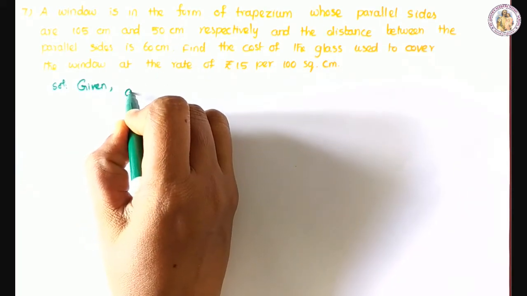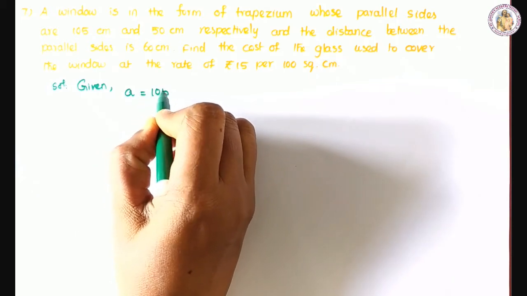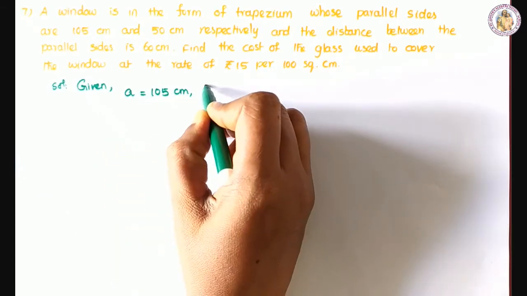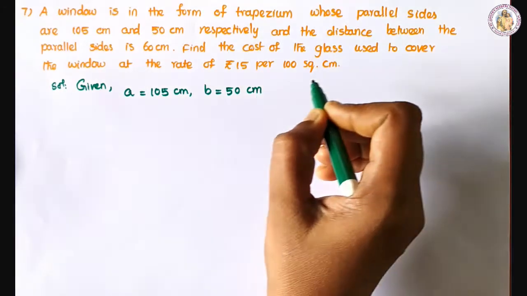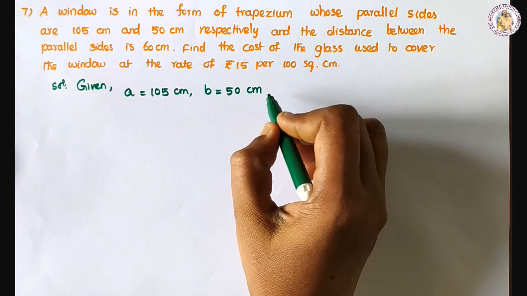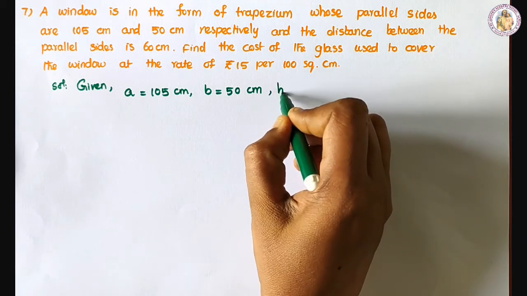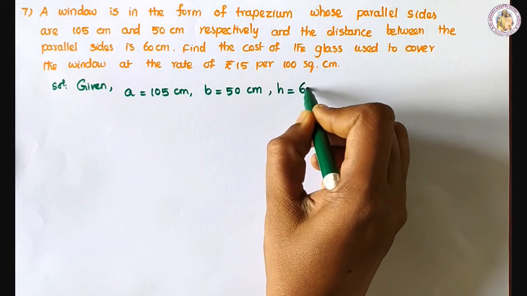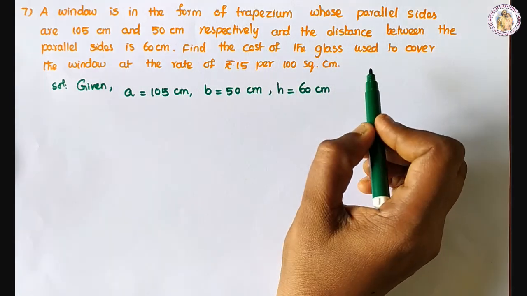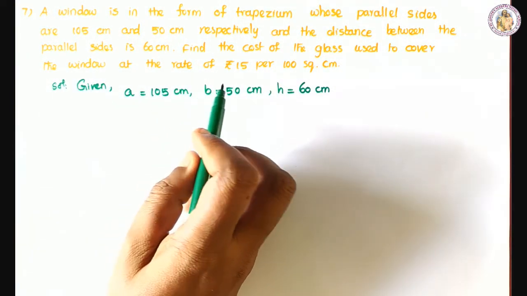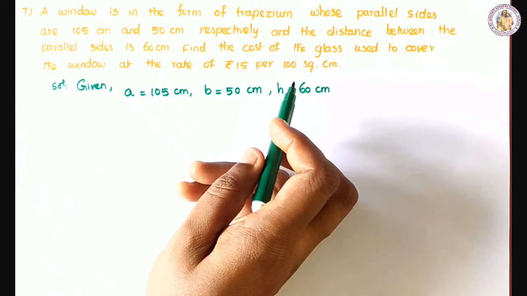Parallel sides A equal to 105 centimeter and B equal to 50 centimeter, and distance between the parallel sides, that is height, equal to 60 centimeter.